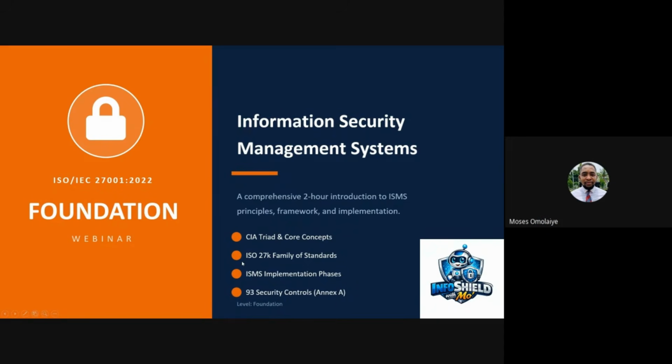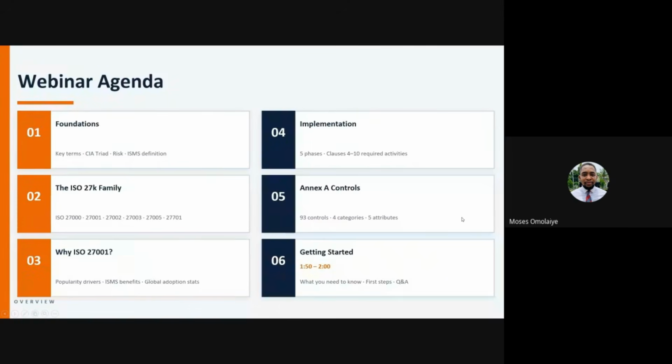Information security management systems. So what are we going to look at? We'll look at foundations.